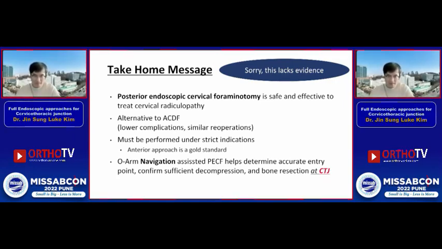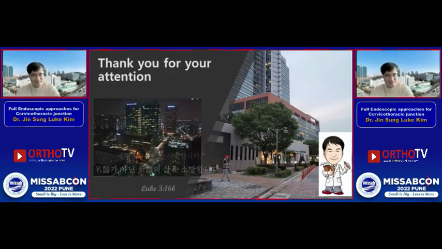It is an alternative to ACDF with low complication and similar outcomes, and must be performed under strict indication. I believe the anterior approach is the gold standard. In case of the CT junction, O-arm navigation surgery helps determine the accurate entry point and confirm sufficient decompression and bone resection. This is my talk. Thank you very much.